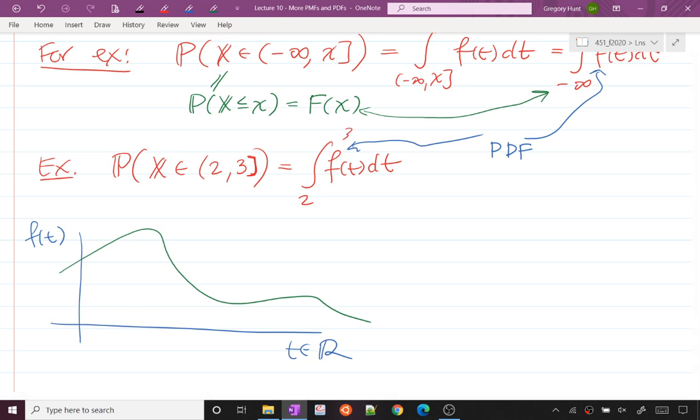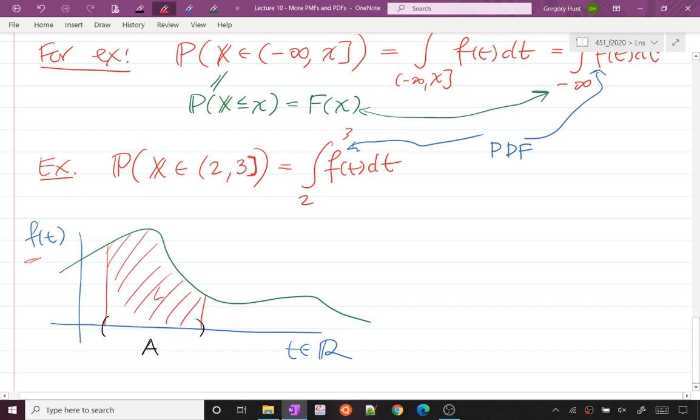If I have some set A here, how do I calculate the probability that x is in A? All I'm going to do is integrate my PDF over A, which is just finding the area under this PDF. So this area is the probability that my random variable is in A.